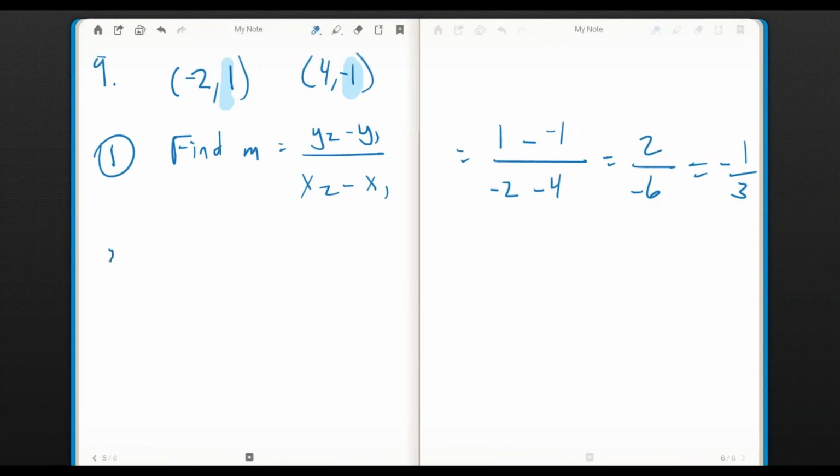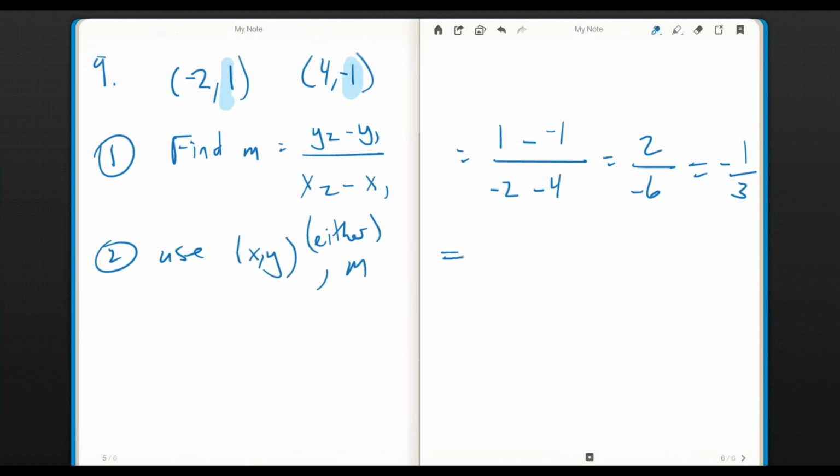The second thing I do is to use one xy point, it doesn't matter which one, and the slope to fill in y equals mx plus b. I'll just use the first one for my y and my x value. Of course, I already know that my slope value has been found, and what this will allow me to do is solve for b.